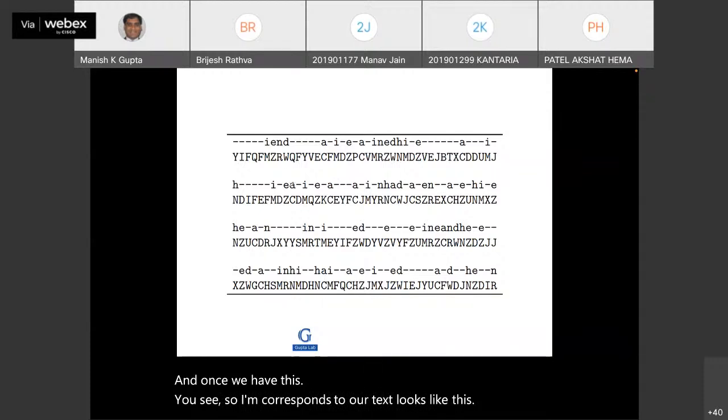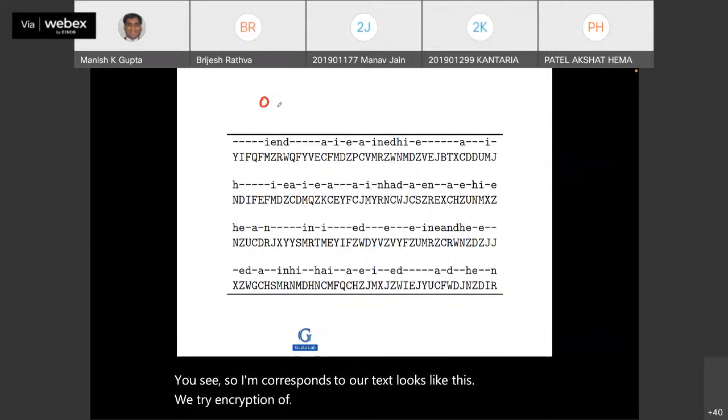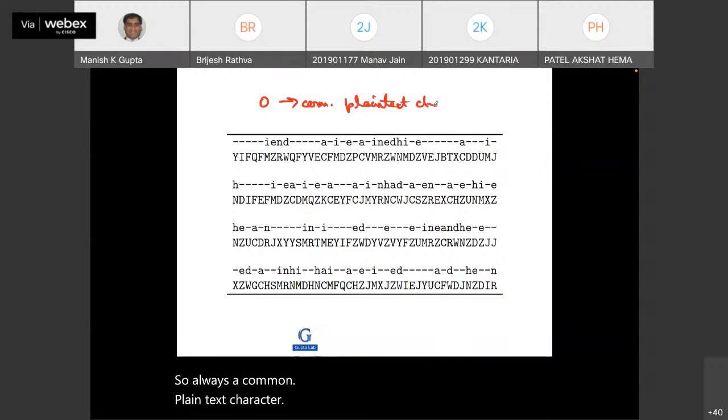Now we try encryption of O. So O is a common plain text character, and the corresponding ciphertext character is D, F, J, or Y. Now Y seems to be most likely.